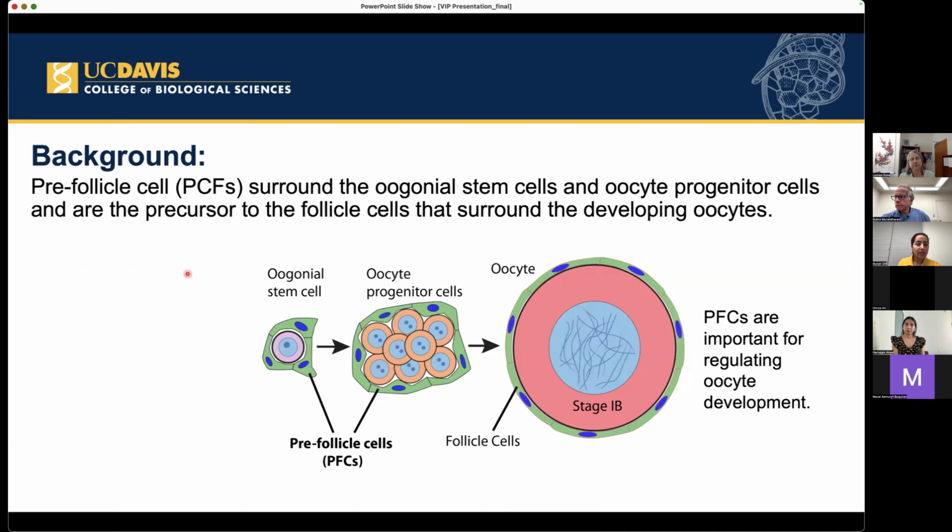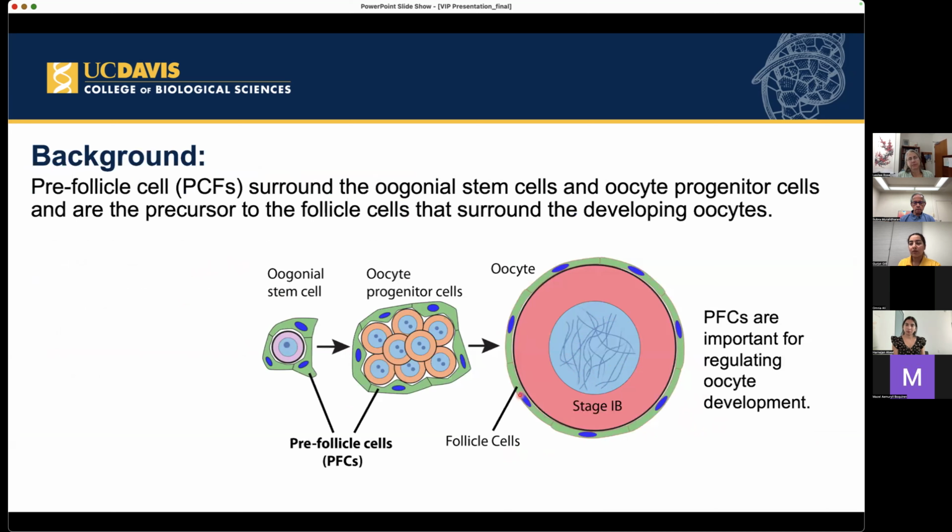Here is some background information on the prefollicle cells of the zebrafish ovary. Prefollicle cells surround the oogonial stem cells and oocyte progenitor cells, and then these prefollicle cells develop into follicle cells that surround the oocytes. Follicle cells play important roles in regulating oocyte development.